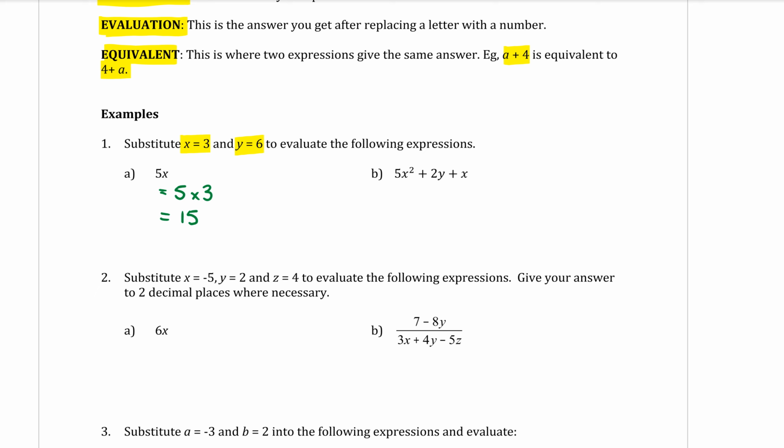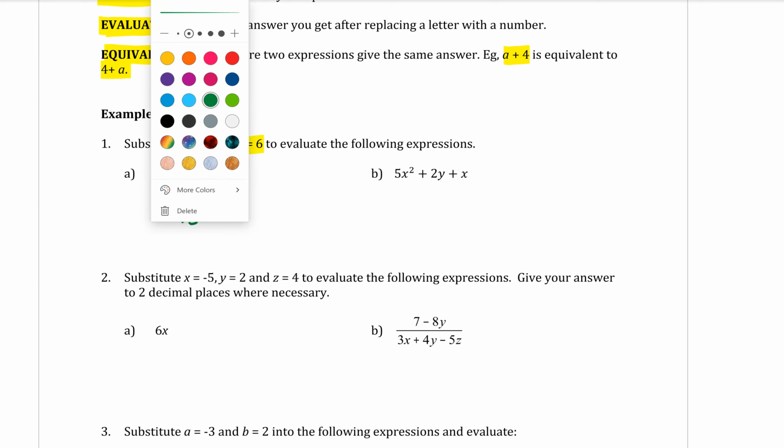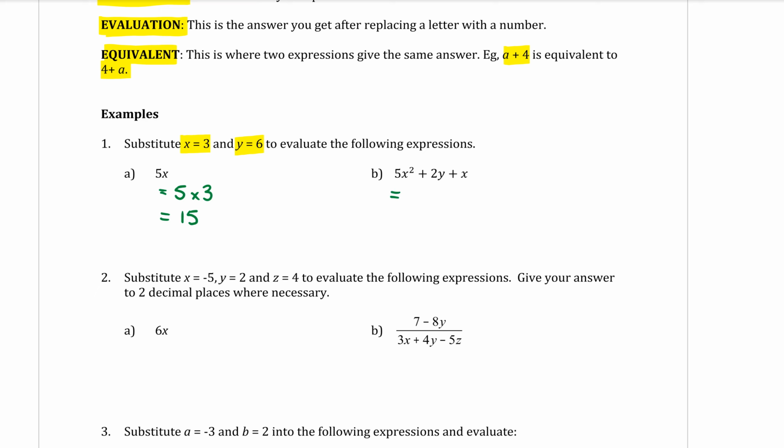Part B, just a bit longer, a few more things we're going to have to put in there, but the same kind of process. The x's, we change those into 3s. Yes, Anton? But I had it wrong first. Oh, you didn't tell me the answer? Not yet. I've got to do my substitution line first. Are you going to tell me that or just the straight answer?